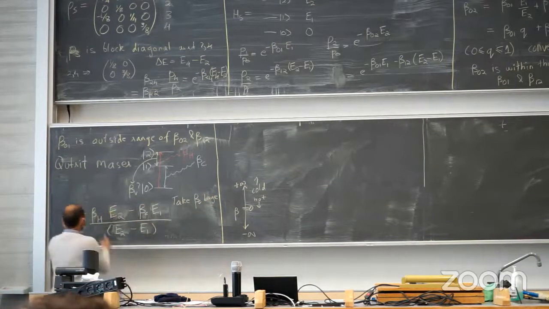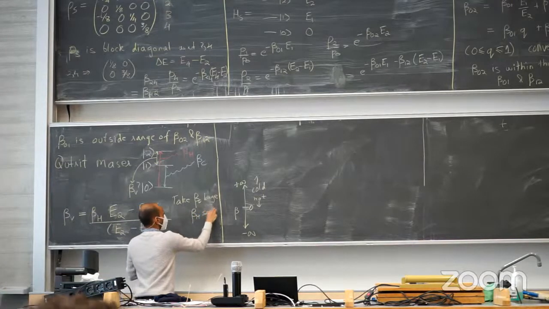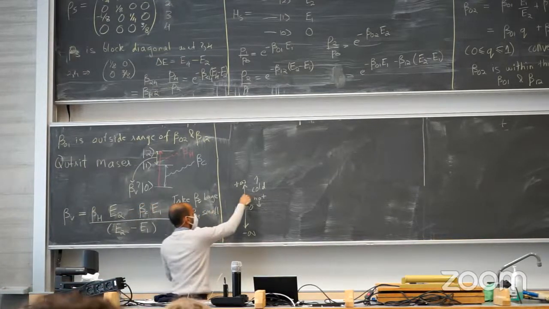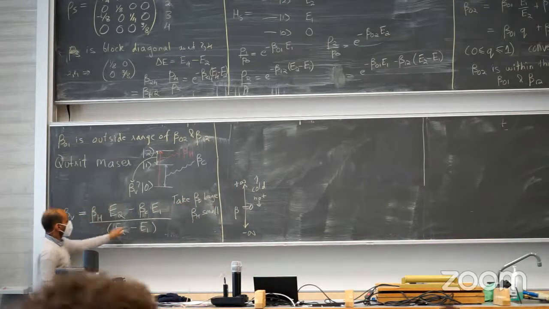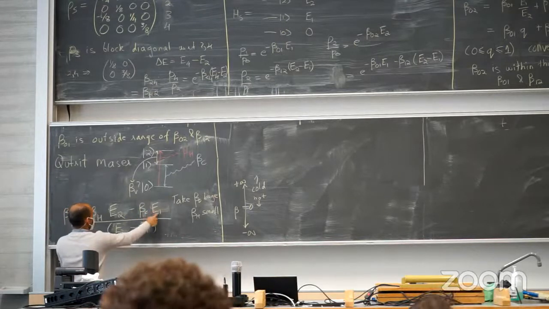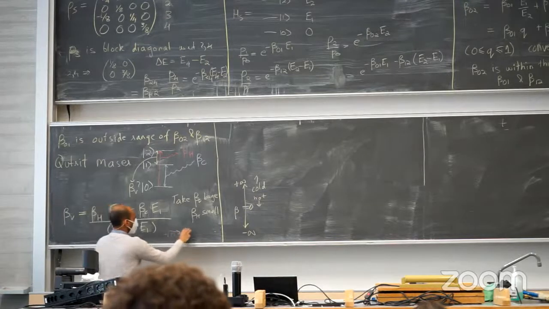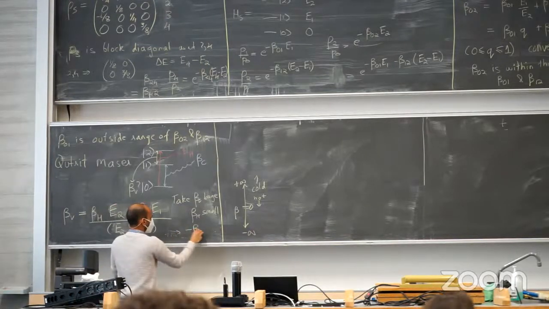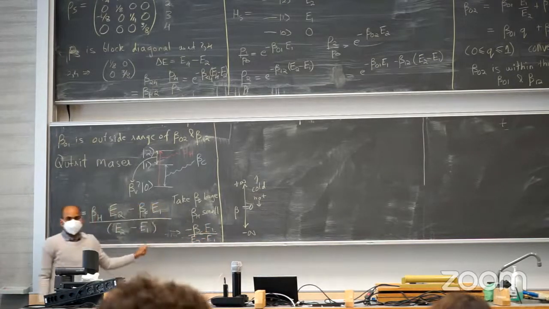And I take beta hot to be small, something that's close to 0. So beta hot is quite small, beta cold is large. What is going to happen here? If beta cold is large, then this value is quite large. It multiplies E1. If beta hot is small, then this value is quite small. So this then tends to minus beta cold E1 upon E2 minus E1, which essentially can be a negative number.